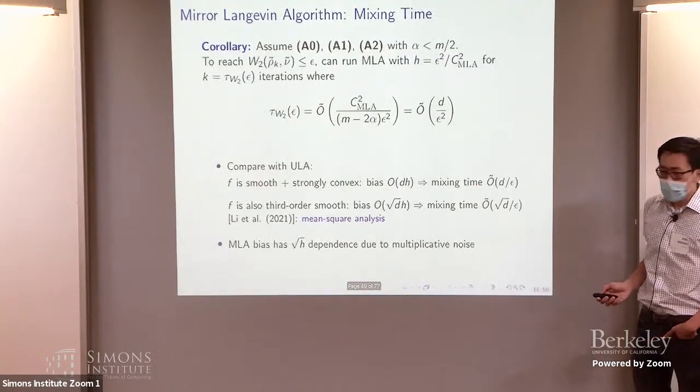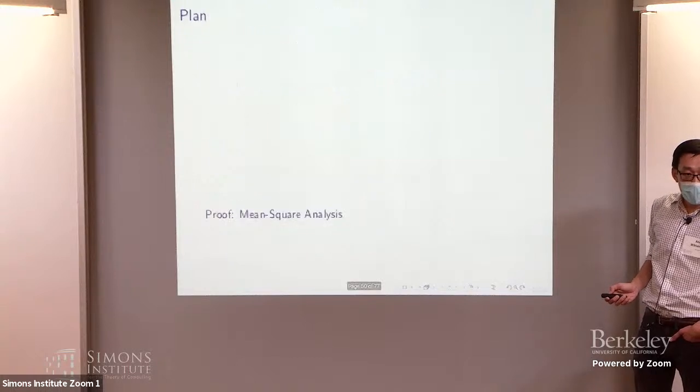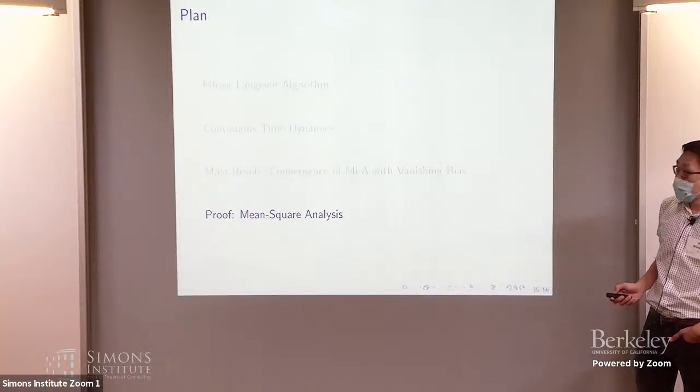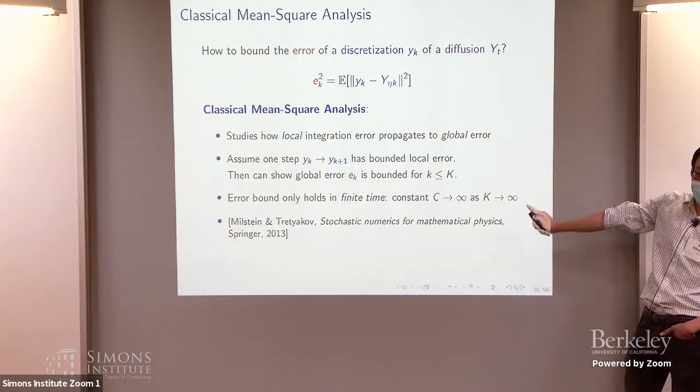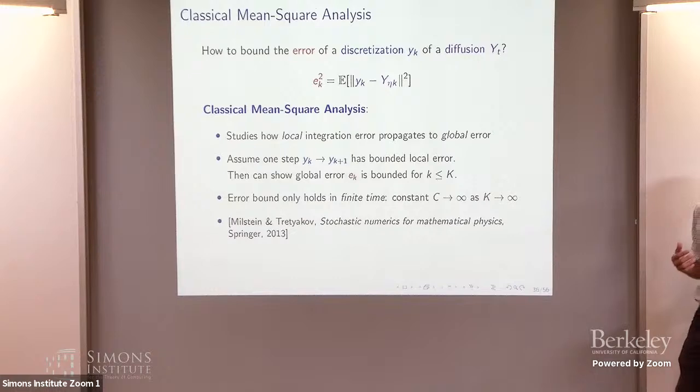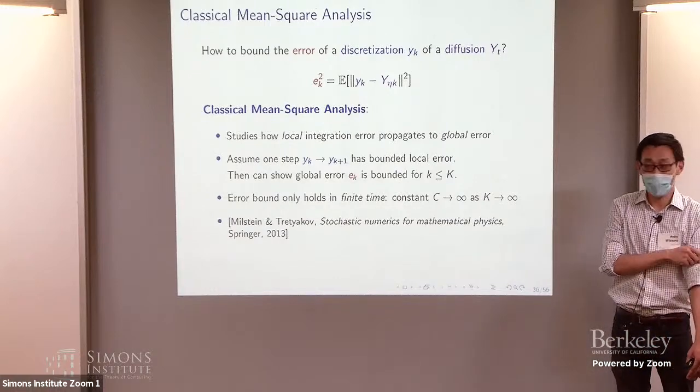Sorry, how much time do I have? 4 or 5 minutes. Okay, maybe let me not go into the detail of the mean squared analysis, but my colleague Morita is here and happy to chat more.